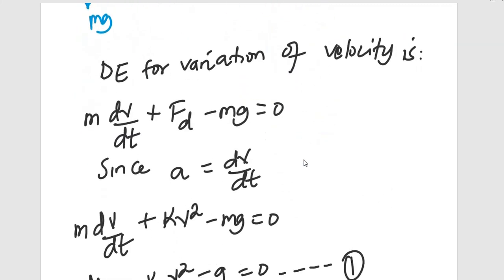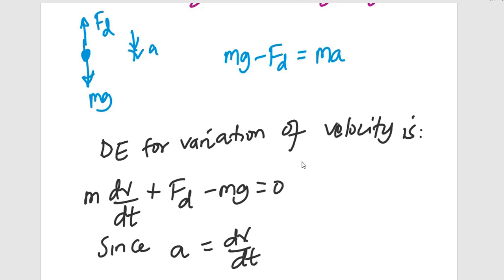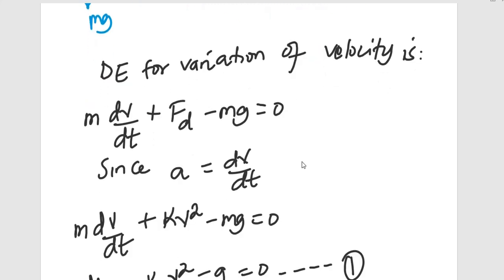Now, having substituted the resultant force in my equation, if I am to take the variation of velocity, I have ma equal to mg minus kv squared.